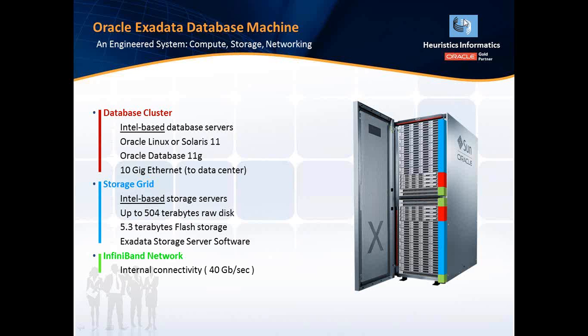And then there's a whole storage grid, which can give you as much as 500 terabytes of raw disk space, plus several terabytes of flash storage. The InfiniBand Network, which is really one of the most critical pieces of the Exadata machine, is an internal 40 gigabit network. So communication between the internal components of the database machine is blazing fast, pretty much.